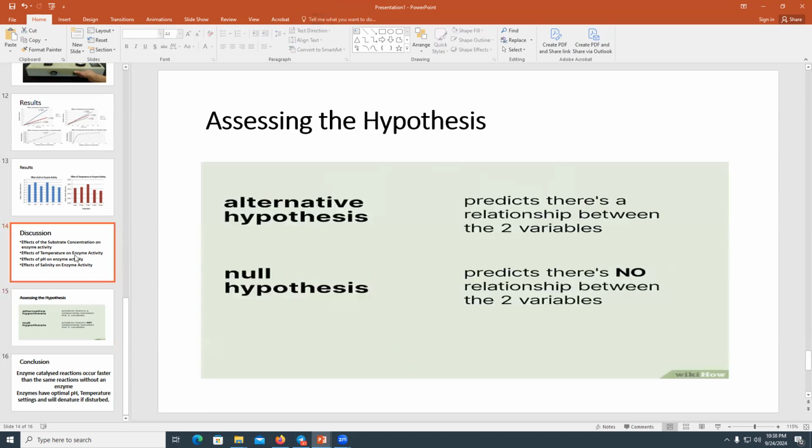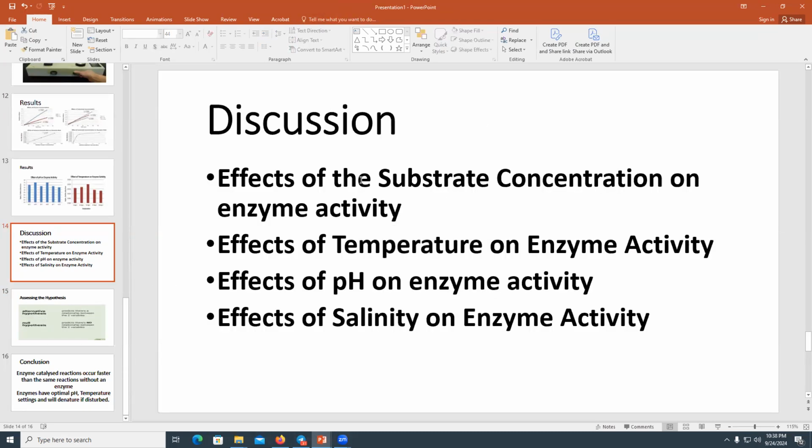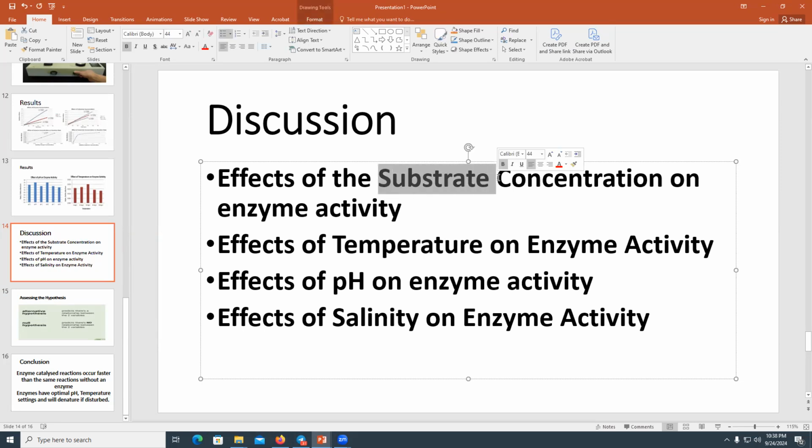But our alternate hypothesis obviously is the more substrate we add, the higher our enzyme activity will be, and we will have a lot of product, and that will be assessed by the depth of color and the density. The more amber the color will be, and that will be reported as data by our spectrophotometer.